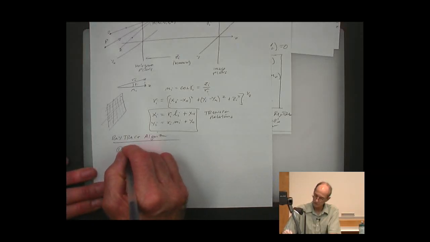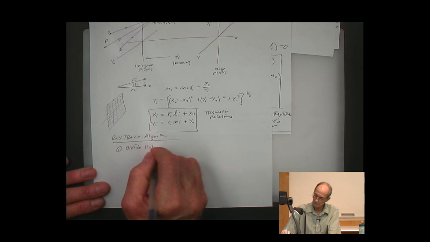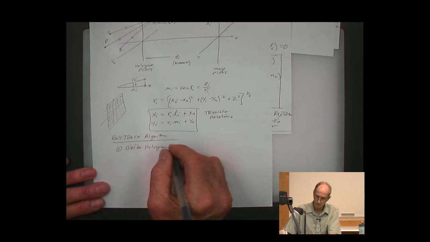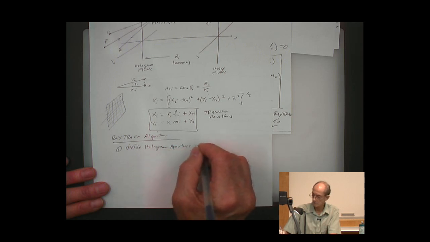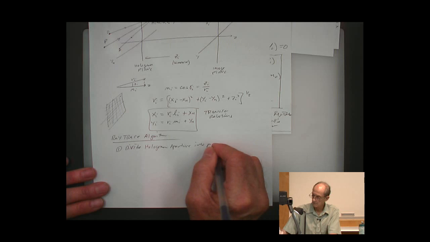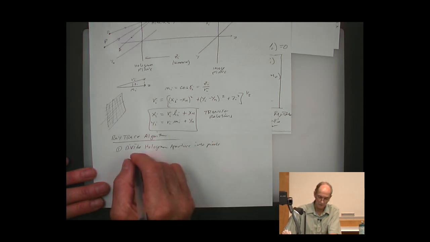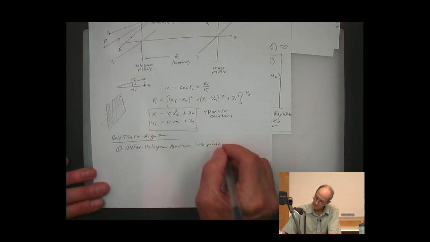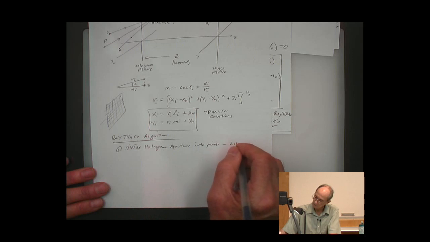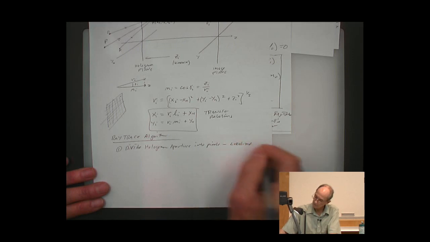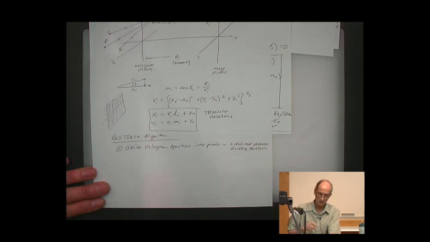So it's pretty straightforward, I think. So what we do first is, again, divide the hologram aperture into pixels. And then we're going to use that local or localized planar grating analysis.